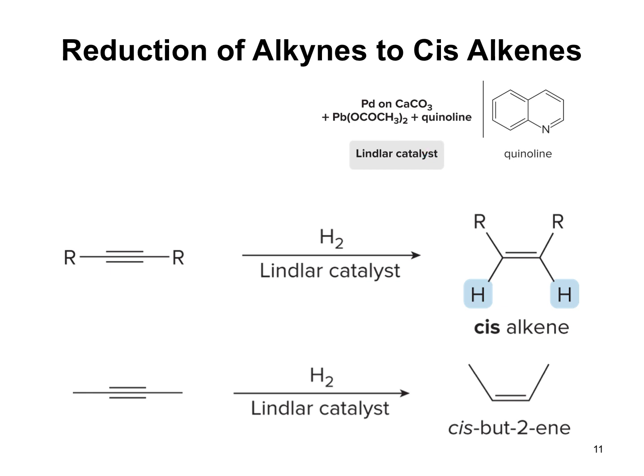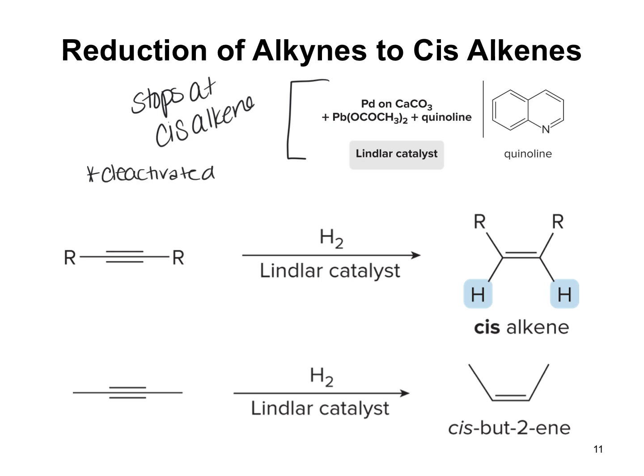So to stop at the cis alkene, you use the Lindlar catalyst. This catalyst is deactivated, which means sometimes it's also called a poisoned catalyst.